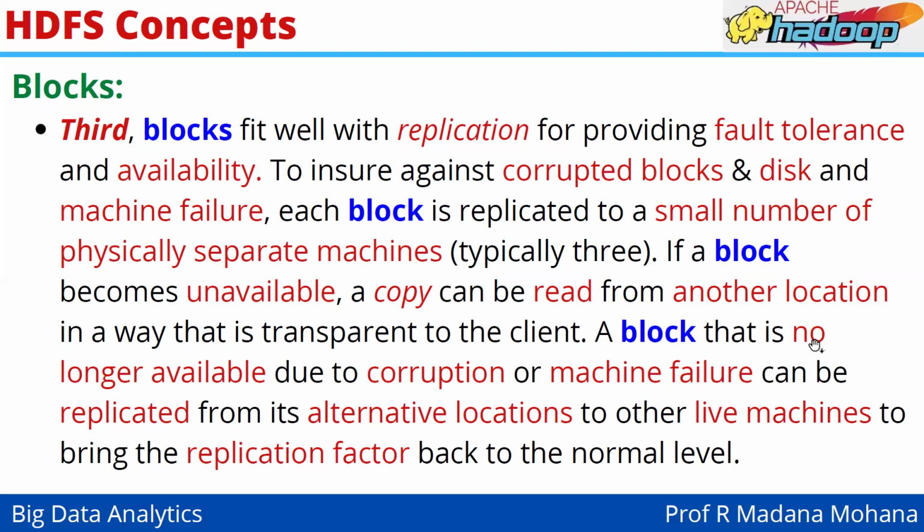A block that is no longer available due to corruption or machine failure can be replicated from its alternative location to other live machines to bring the replication factor back to the normal level. So by default, typically 3 replicas are there for everything.